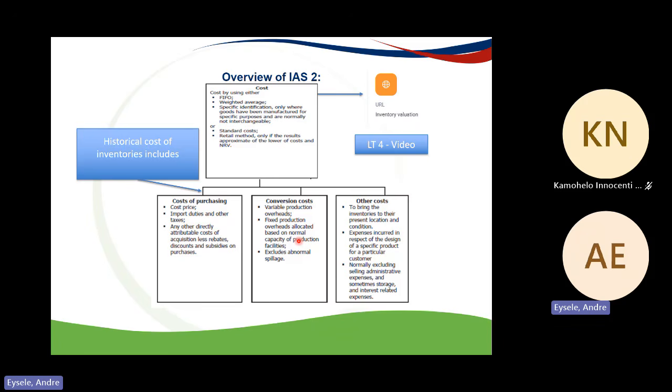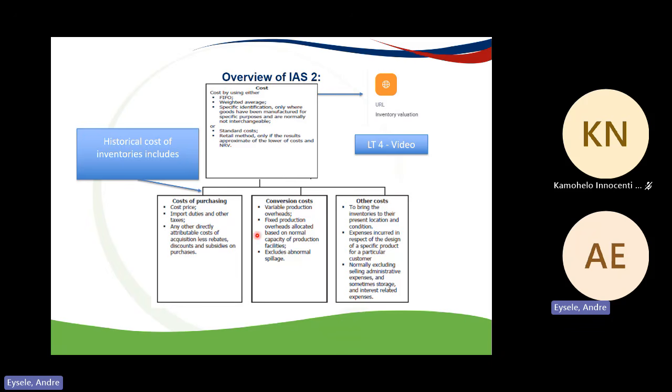So then that allocation rate is 10 rand per unit. How did I get that? It's 100,000 rand divided by 10,000 units. Because under normal circumstances, you allocate based on your normal capacity. That's why it's always done on normal capacity. You allocate that to your fixed production cost.